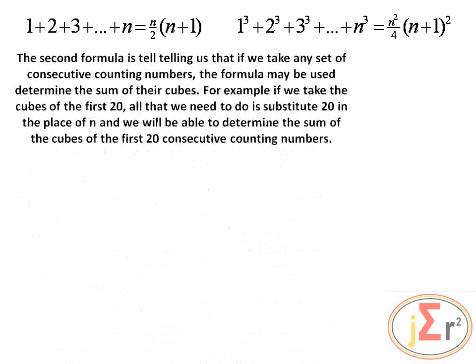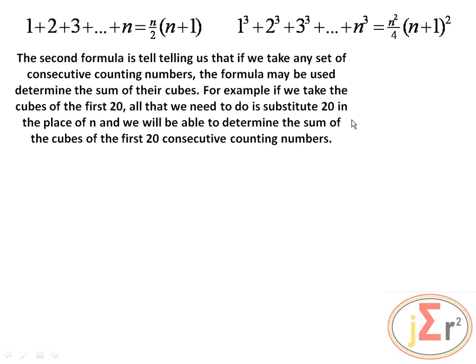Those are your formulae again. The second formula is telling us that if we take any set of consecutive counting numbers, the formula may be used to determine the sum of their cubes. So take 1, 2, 3 up to n. The formula is used in determining the sum of their cubes, which is this formula.